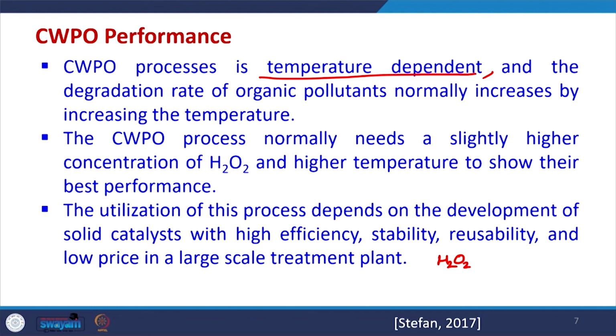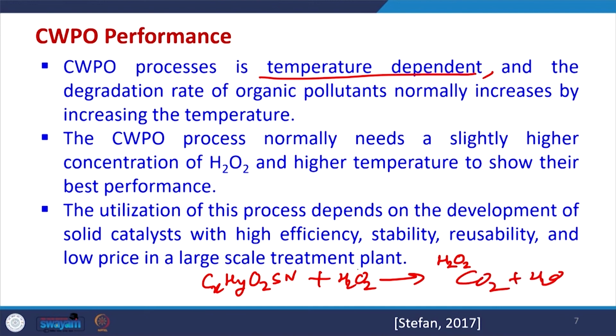So, we can always perform some calculation beforehand, like suppose the compound is CxHyOz or any other with sulfur, nitrogen, etc. So, we can perform some calculation of what is the requirement for converting this into CO2, H2O, etc. So, we know from here whatever the value is, that is the stoichiometric H2O2 requirement.